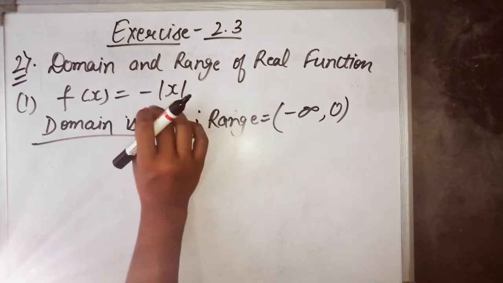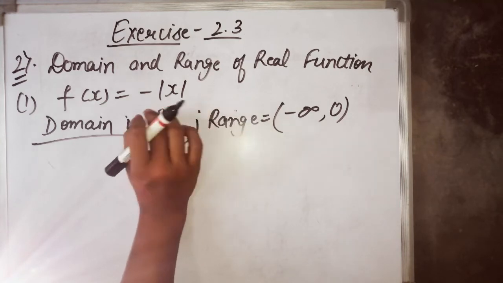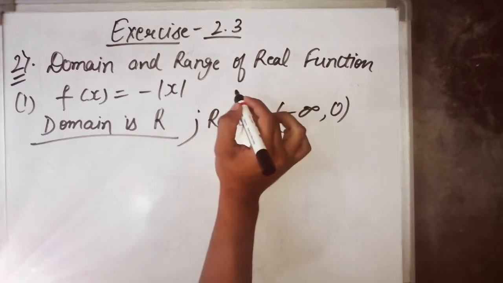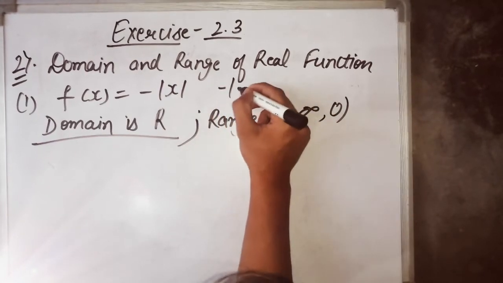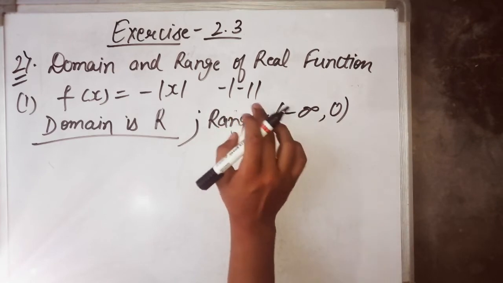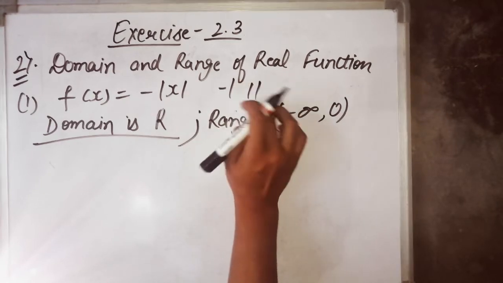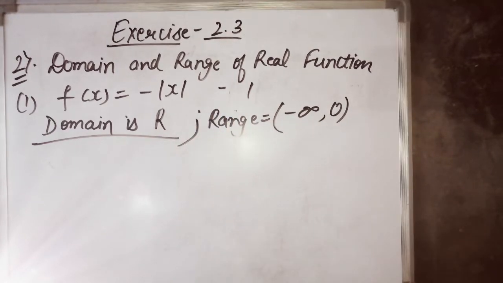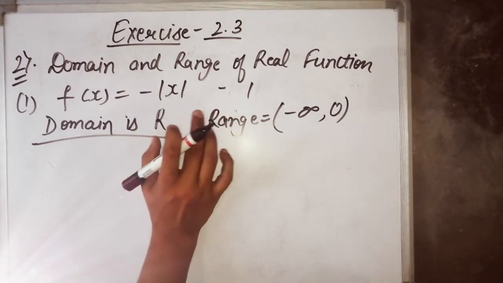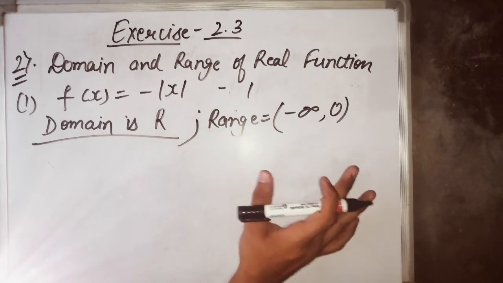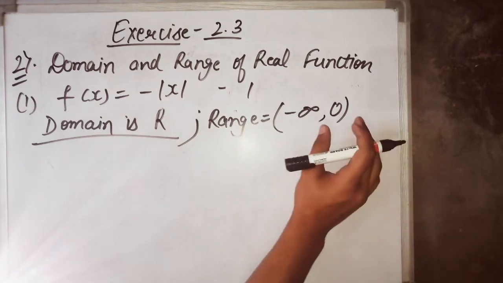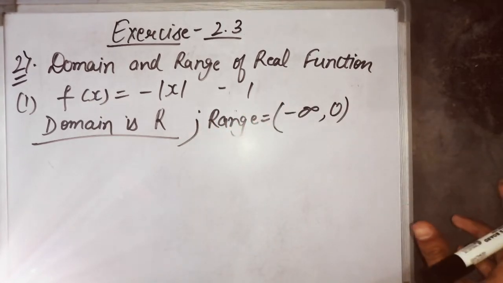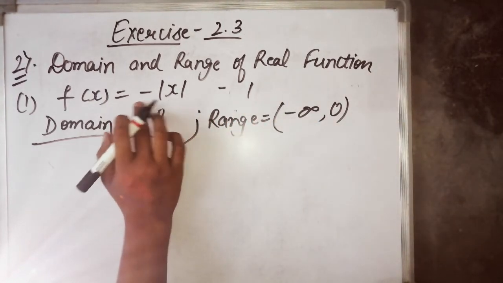And if you put minus 1, you will also get minus 1, because the minus sign is neutralized by the modulus, and the outer minus remains. So we conclude that the range goes from minus infinity up to 0, because you will never have a positive value in this case, because the minus is outside the modulus.